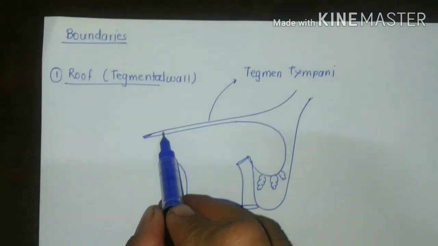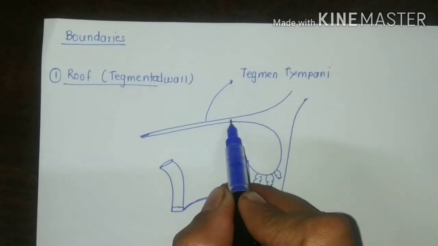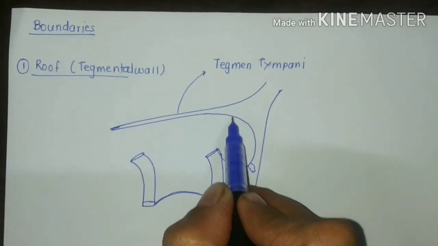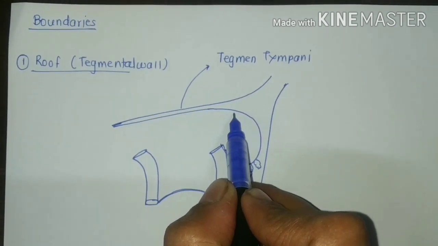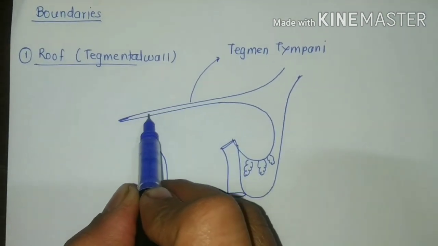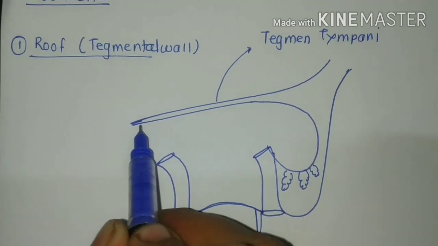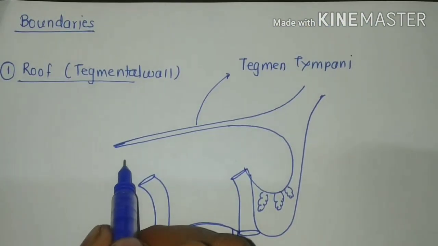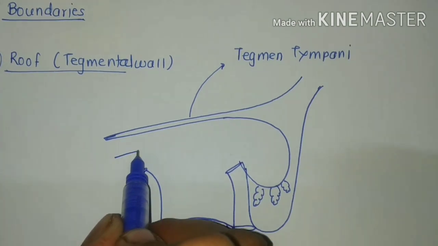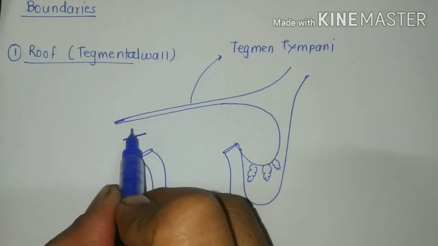Now we can see this roof, it is prolonged backward to form the roof of the mastoid antrum, as well as it is prolonged forward to form the roof of the canal for tensor tympani. Now here there lies the partition that I am going to tell you later on.